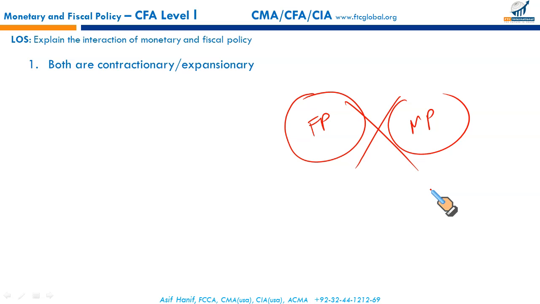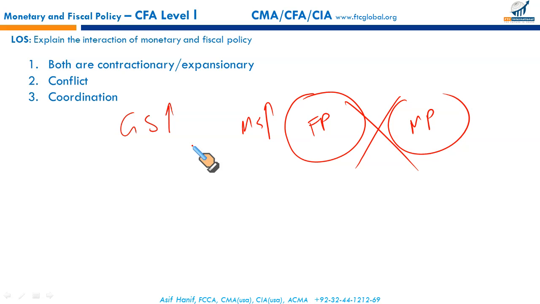Like increased government spending, that's a fiscal measure, and increased money supply may cause excess growth and inflation. So they effectively cancel each other out. They should ideally be coordinated to achieve the optimal economic outcome. Right? There must be coordination. So that completes your reading on monetary and fiscal policy, CFA Level 1.